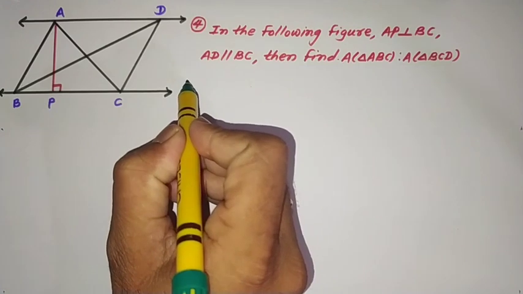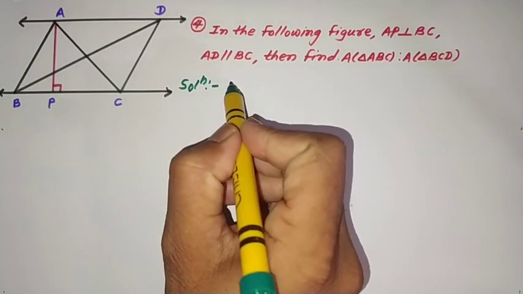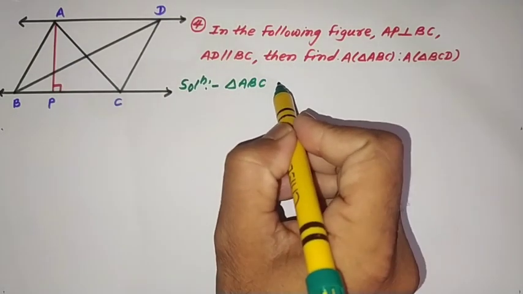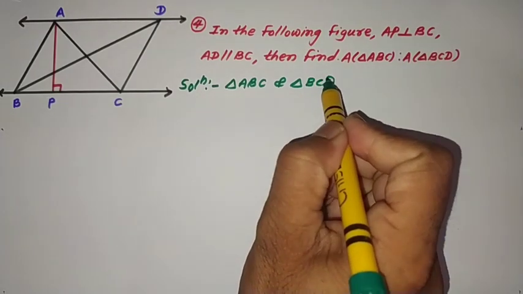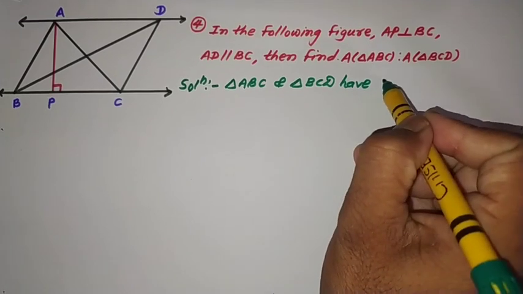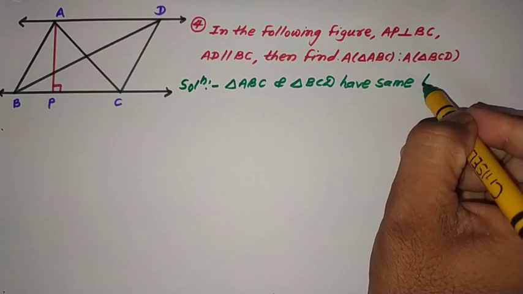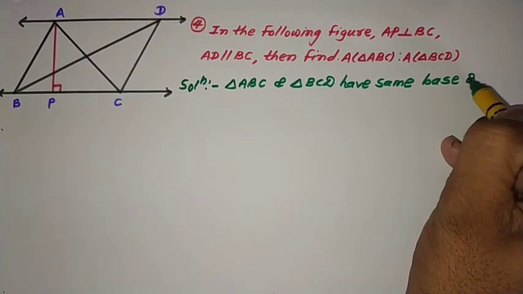Solution: triangle ABC and triangle BCD have the same base BC.